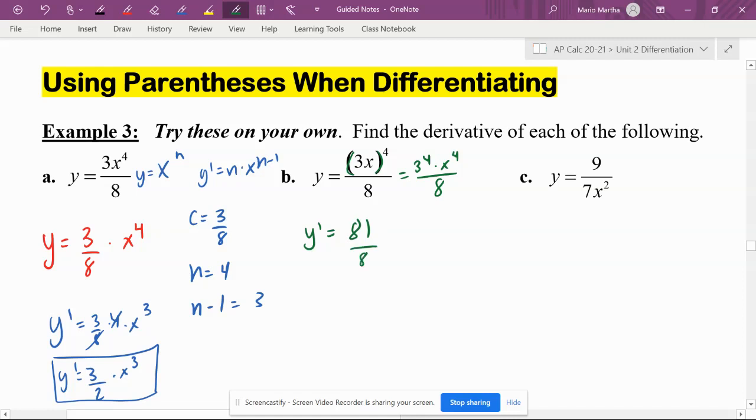Remember, you can have a fractional constant. And then n equals 4, and n minus 1 is 3. So this would be times 4 and then times x to the 3rd power. Simplify the constants, and you're going to get 81 over 2 times x to the 3rd. And that would be your y prime.